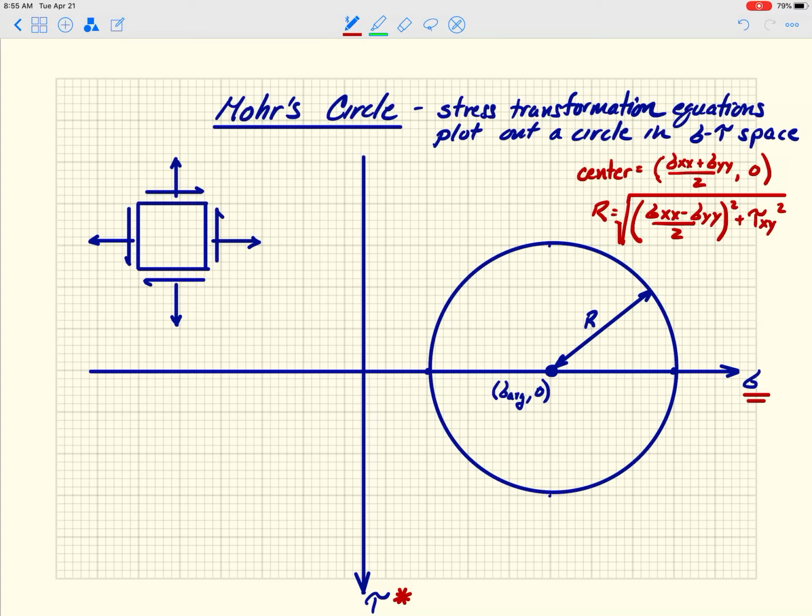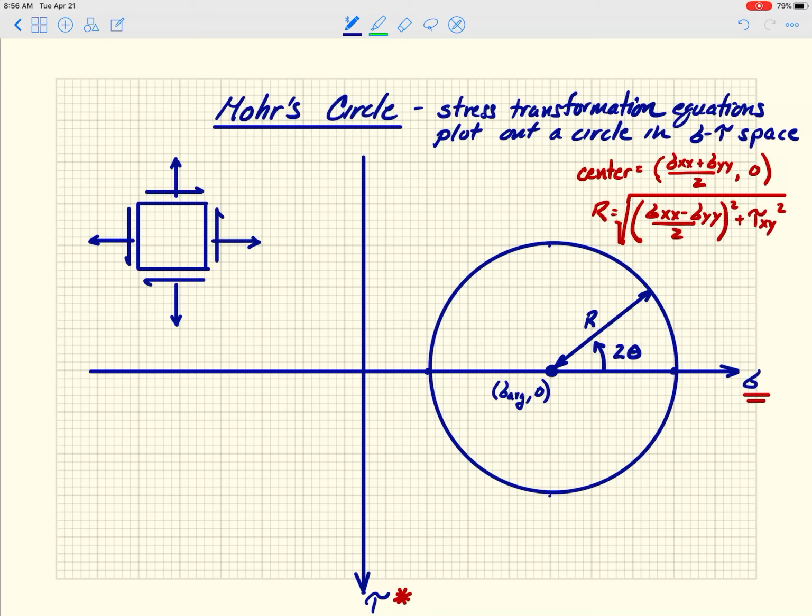It turns out that if you plot the positive shear stress downward, then a clockwise rotation on the Mohr circle is equivalent to a clockwise rotation on the cube, so they're physically the same. I think the way your book does it says a clockwise rotation on Mohr's circle is a counterclockwise rotation on the cube. And at least in my experience, that has made for very confusing calculations and a lot of potential for error.